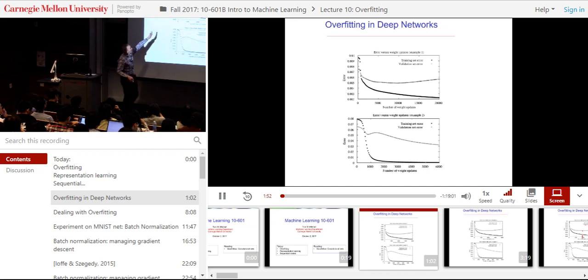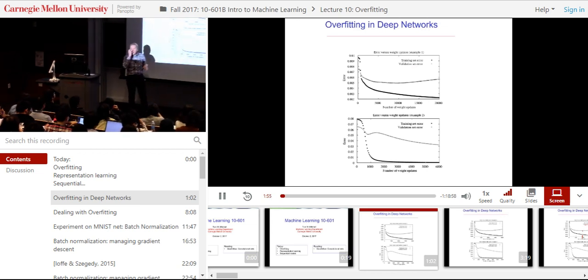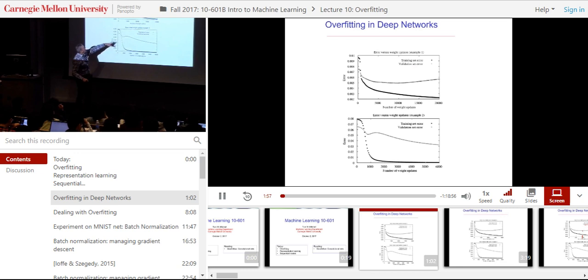And so here are two plots for two different networks that I trained sometime in the past. The dark line is the training set error as a function of the number of weight updates, the number of gradient descent steps that were taken. So you think of this as the loss function, the training set error. And then here in a different color is the error measured on a separate set of data that was withheld, which we call the validation set.